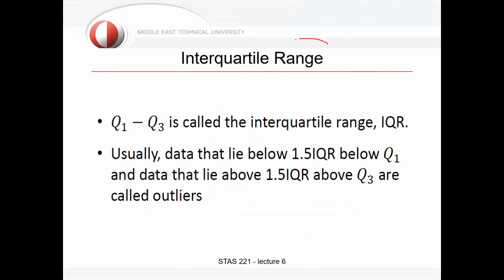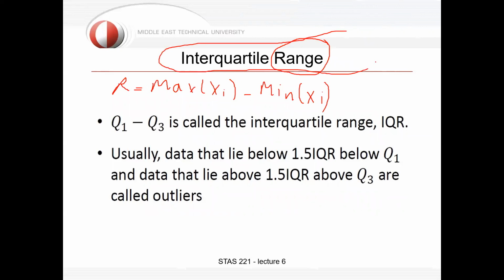Interquartile range. When we talk about the range of data in general, we are talking about the maximum of your data minus the minimum of your data. So range is not a central criterion. It shows how your data is distributed around your mean, for example, or median. Here we have a specific type of range, which is called the interquartile range, and for that, you use this one. By the way, I should change this part, because it needs the absolute value in that scenario.